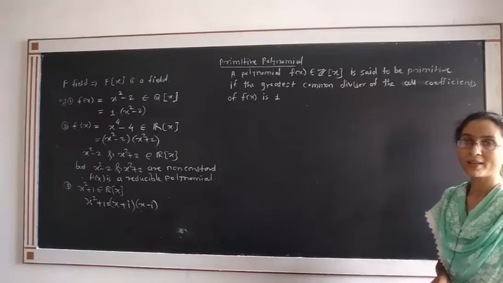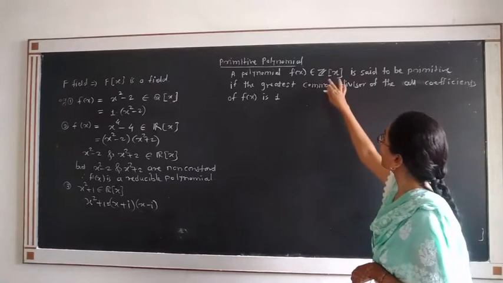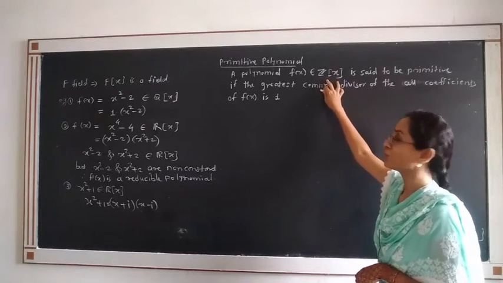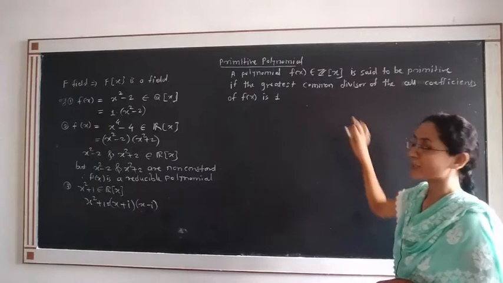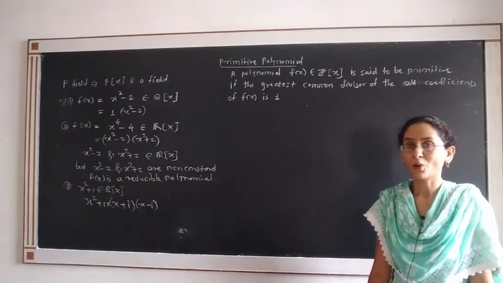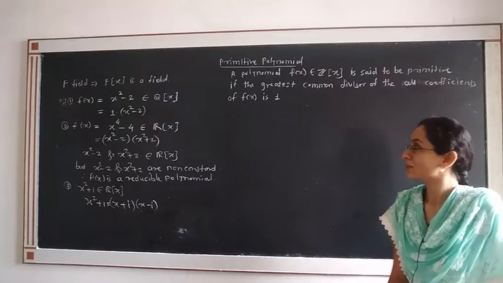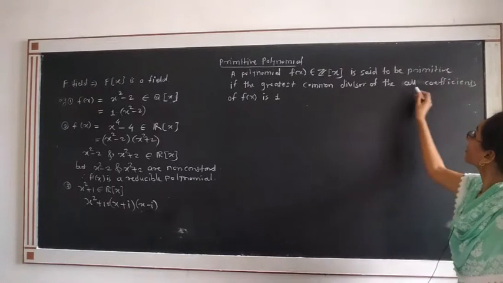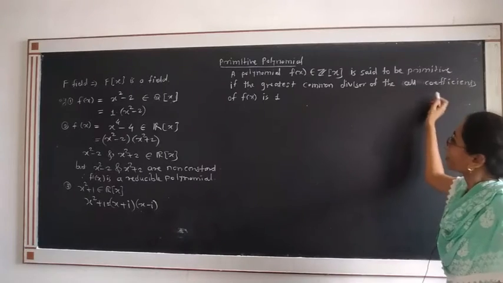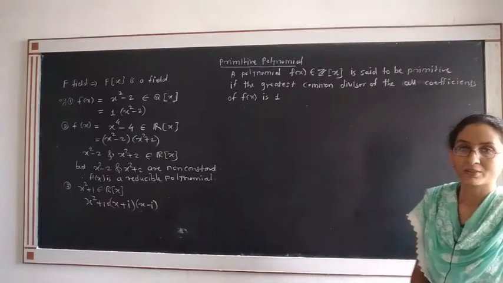A polynomial f(x) from this ring Z[x] is said to be a primitive polynomial if the greatest common divisor of the coefficients of f(x) is 1.